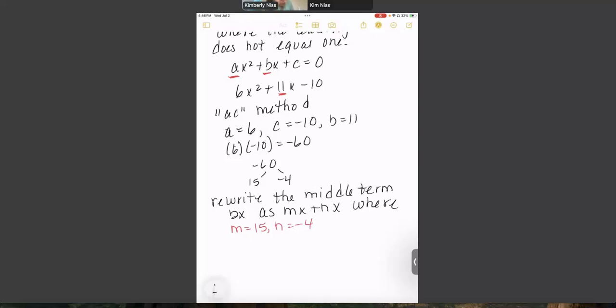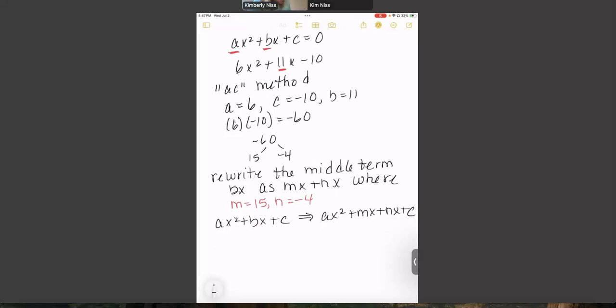So now our equation that was originally ax squared plus bx plus c is going to transform into ax squared plus mx plus nx plus c. And we basically just plug in our values that we know.